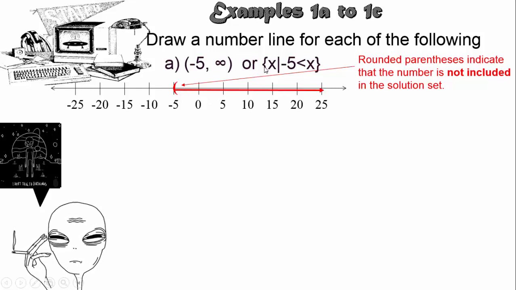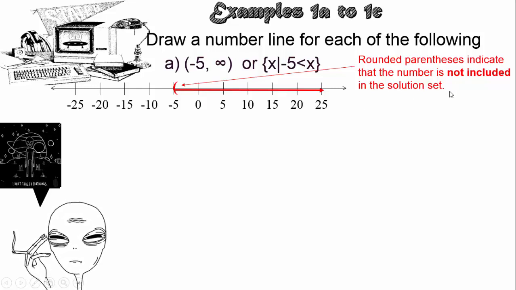And we see our interval starts at -5 and goes to infinity here, or you can say that -5 is less than x, where x will be everything else along the line.